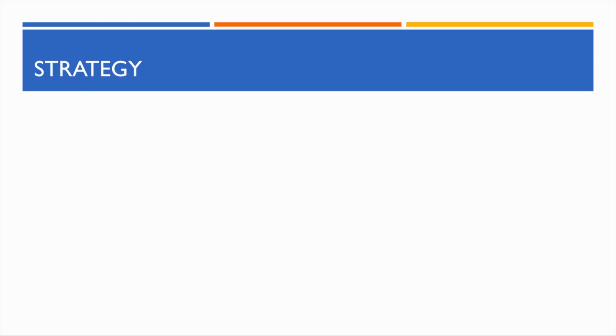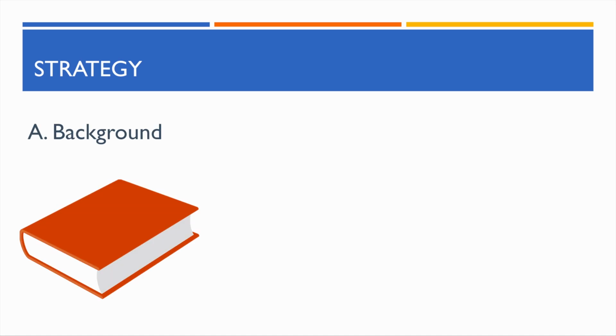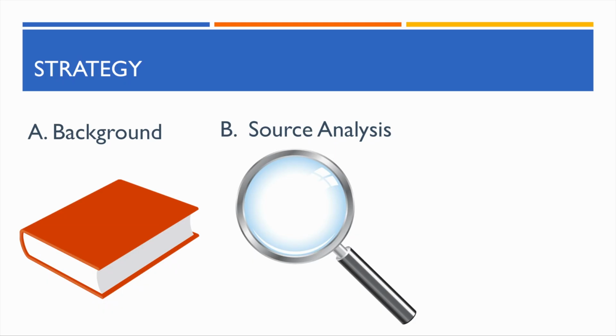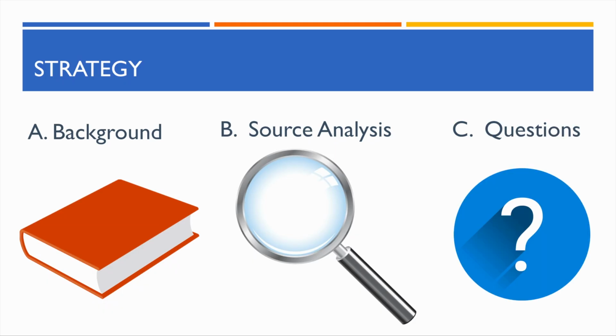And this strategy is essentially broken into 3 different parts. The first is looking at the background information which is provided in the paper, and we'll go into some samples a little later. The second is documenting your source analysis during the paper process. And then finally, understanding what are the types of questions that are going to be asked during paper number 2.